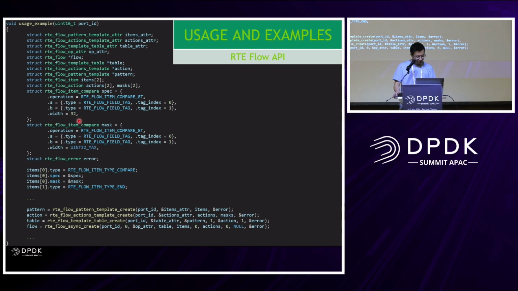Okay, so then we just use this item and action. Okay, I didn't add the action. So to add the rules to the hardware. Okay. So if you want to compare with, for example, IPv4 source or dest, you can also just fill the type here in this field type. Okay.